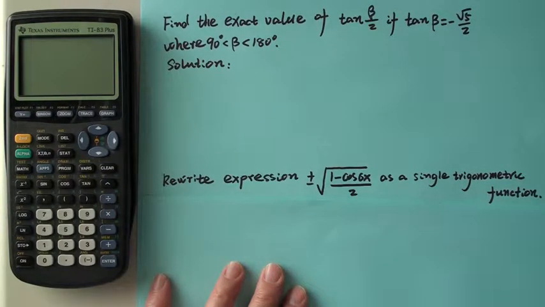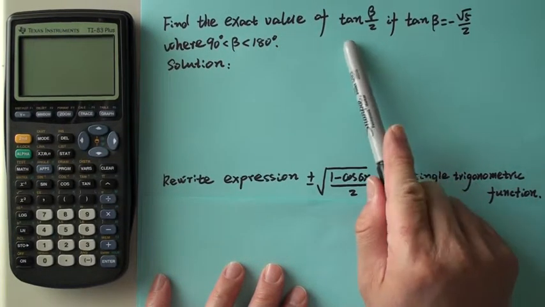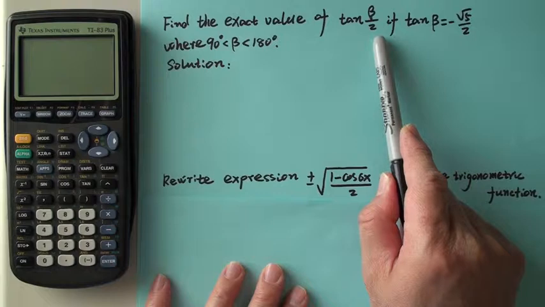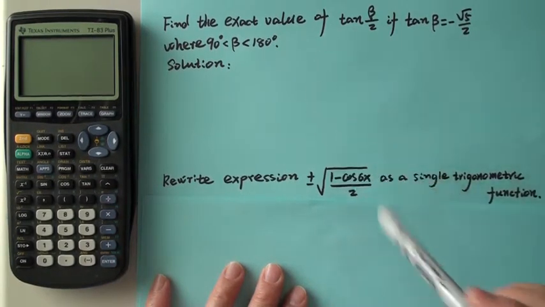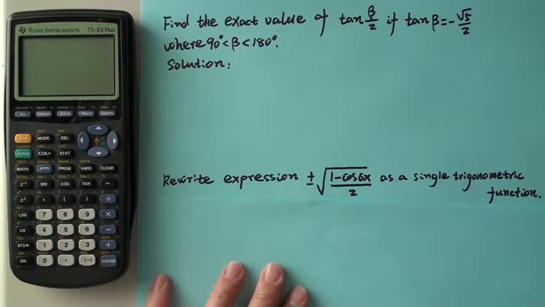Now, with these things in our mind, we know here we are given tangent beta over 2, which is a half angle. So we've got to use the half angle formula. There are a few half angle formulas.